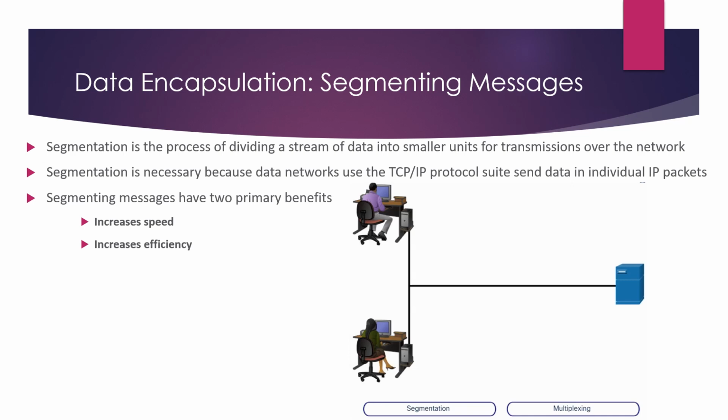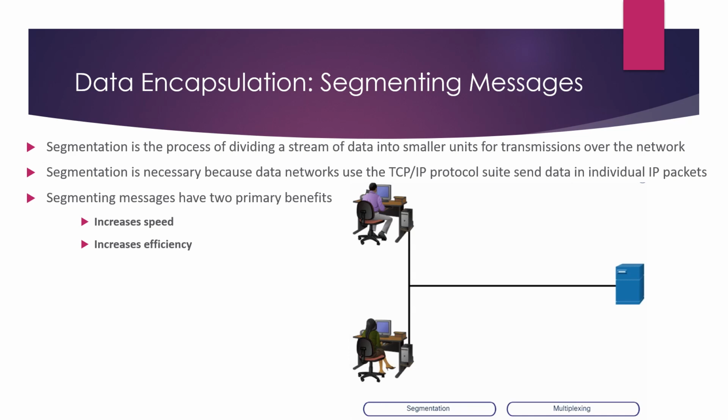Even so, the large stream of data would result in significant delays. And furthermore, if any of the links in the interconnected network infrastructure failed during the transmission, the complete message would be lost and would have to be retransmitted in full.